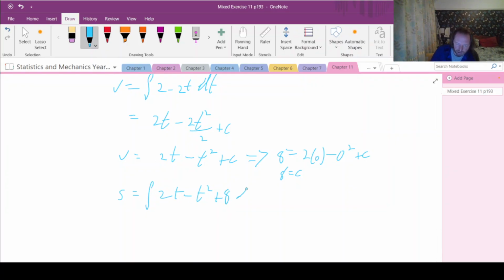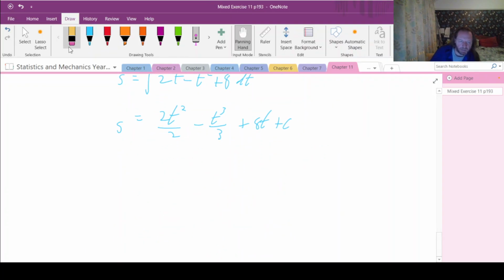Now I can integrate in terms of t to find the displacement, and that's going to equal 2t squared over 2 minus t cubed over 3 plus 8t plus c. So displacement is equal to t squared minus a third t cubed plus 8t plus c.